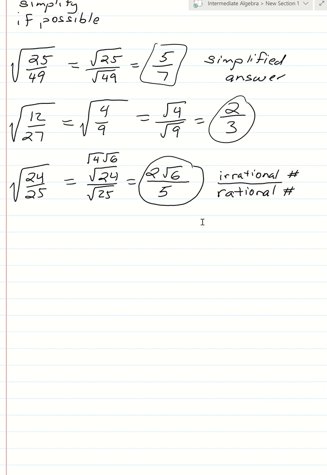And we're going to see some examples now where you're going to have to, what we call, rationalize the denominator. Now that doesn't mean we're changing the number itself, but we're going to just change the way the number looks.